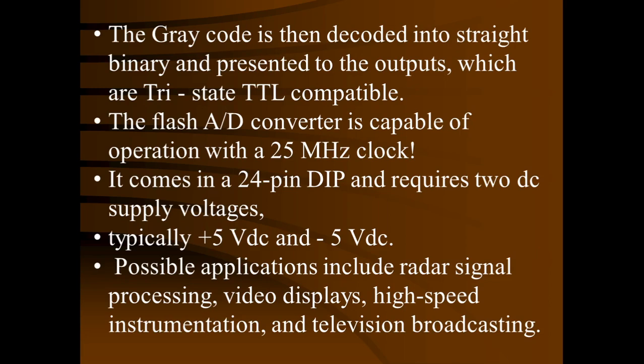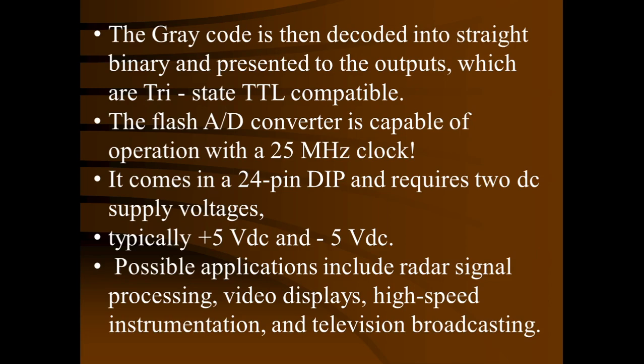The flash A to D converter is capable of operating with a 25 megahertz clock. That means this 8-bit flash analog to digital converter converts at the rate of a 25 megahertz clock. What is the period? T is equal to 1 upon f.